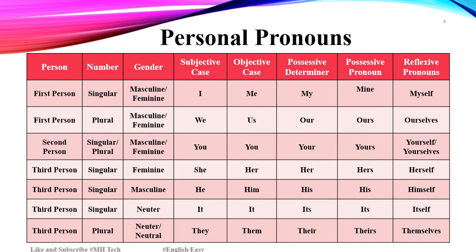And another is possessive determiner. You can see here my, our, your, her, his, its, and their. And we have possessive pronouns: mine, yours, ours, hers, his, its, and theirs. These are the possessive pronouns in English. And we have reflexive.